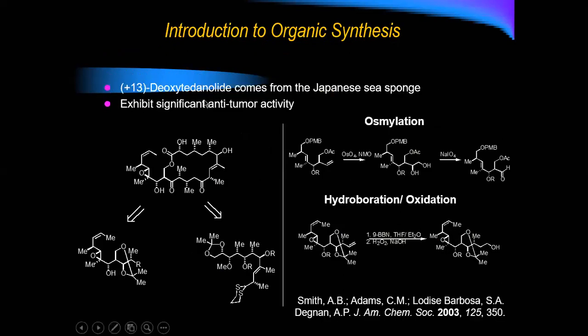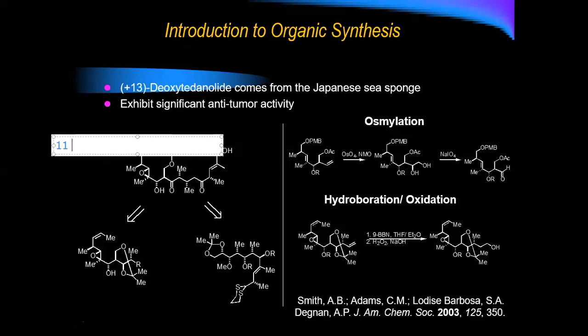We'll stop with this. So this is deoxytetanilide, the plus 13. The plus is in relation to its optical activity. That's a stereochemical concept. Do you see how all these, 1, 2, 3, 4, 5, 6, 7, 8, 9, 10, 11? You've got 11 chiral centers on this thing, or 11 stereo centers.